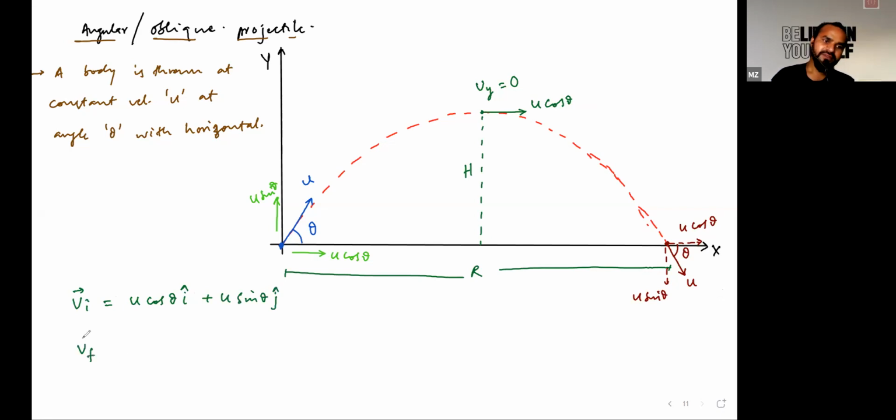So the final velocity would be the x component, which is going along the positive x-axis, so it will be u cos theta times i cap, but the y component is in the opposite direction, so we can write it as negative of u times sine theta j cap. Is it clear?